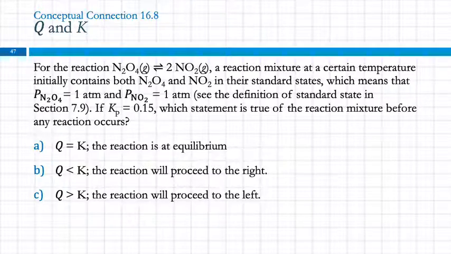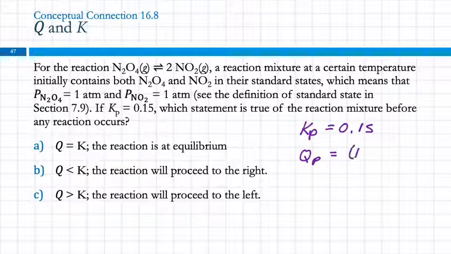So we are told that Kp equals 0.15. What is Qp right now? It's 1 squared over 1, which is 1. The partial pressure of the product squared divided by the partial pressure of the reactant, just plain.